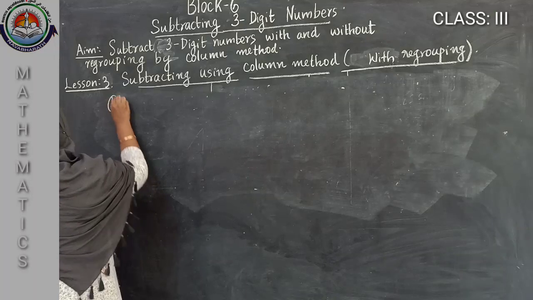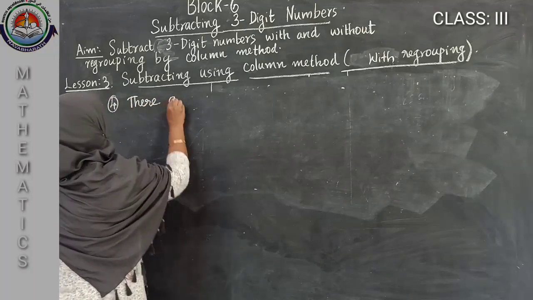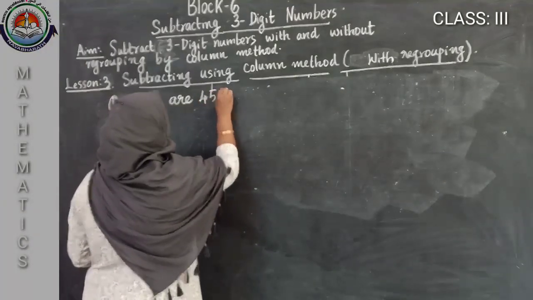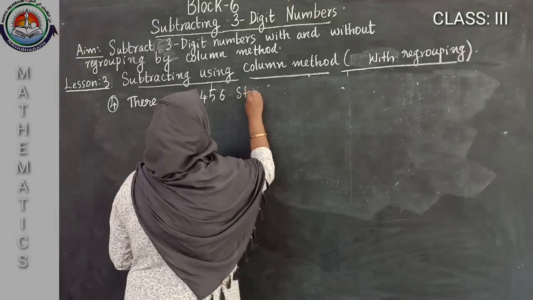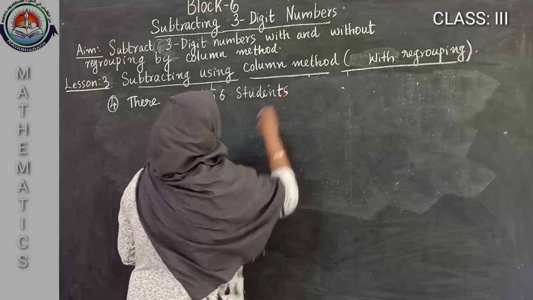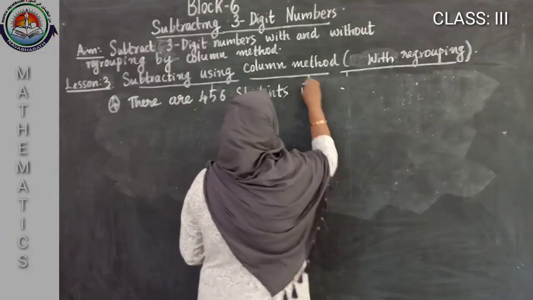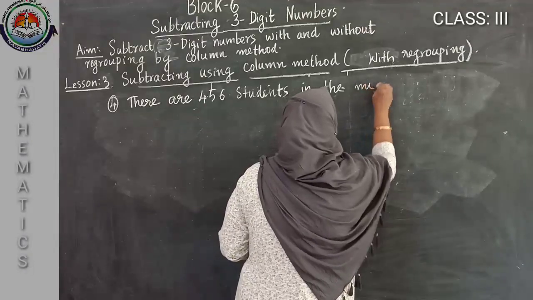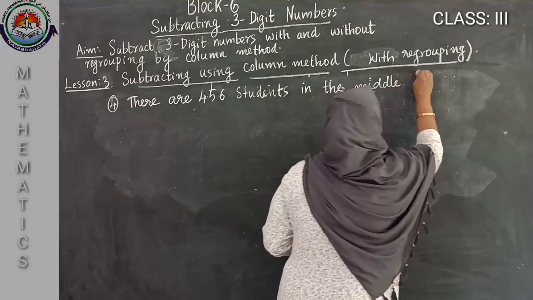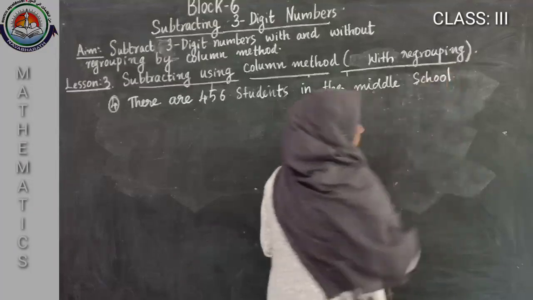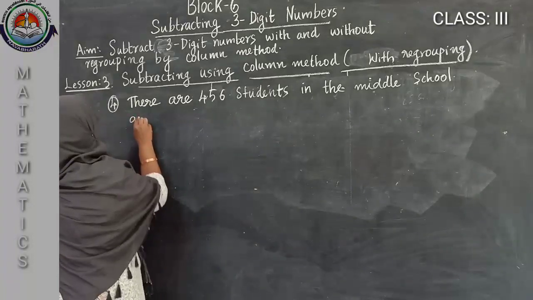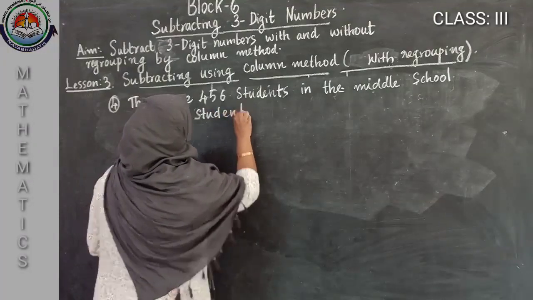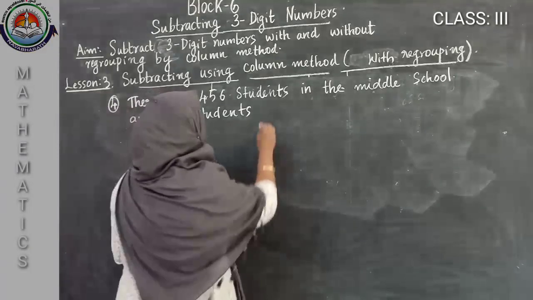Question number 4. There are 456 students in the middle school and 178 students in primary school.